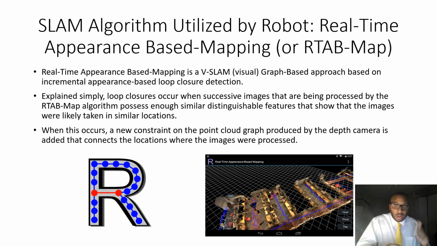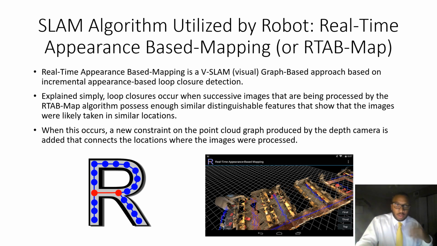We can look at one image that the camera is processing and say that it's able to distinguish multiple parts of whatever is within the image. So for example, we could say that the image contains a chair or a table, anything that's not uniformly shaped like a wall. Essentially, it's able to distinguish parts of that image that make it distinguishable.